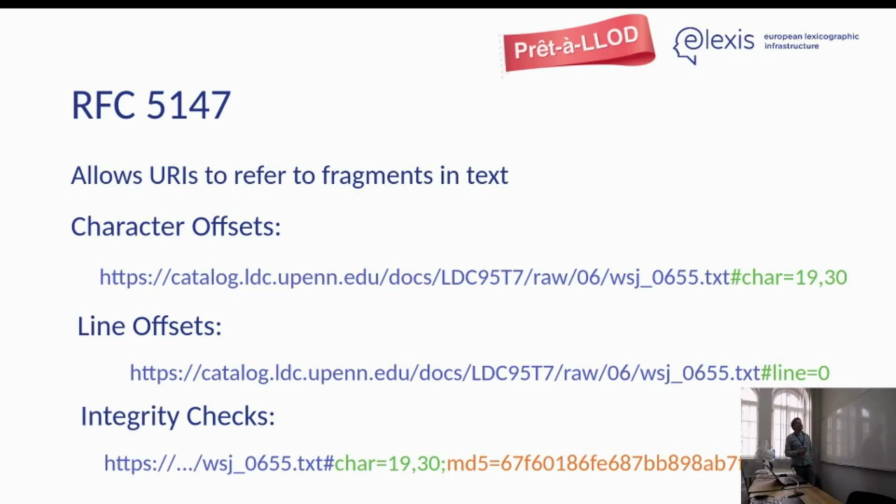And also quite usefully, because this is the web and documents change, we can add in an integrity check. This is a number that is calculated in a particular way from the document as a whole, and if our document has changed and therefore potentially broken all of our character offsets, then this number will change, and therefore we can detect at least when an annotation is broken.